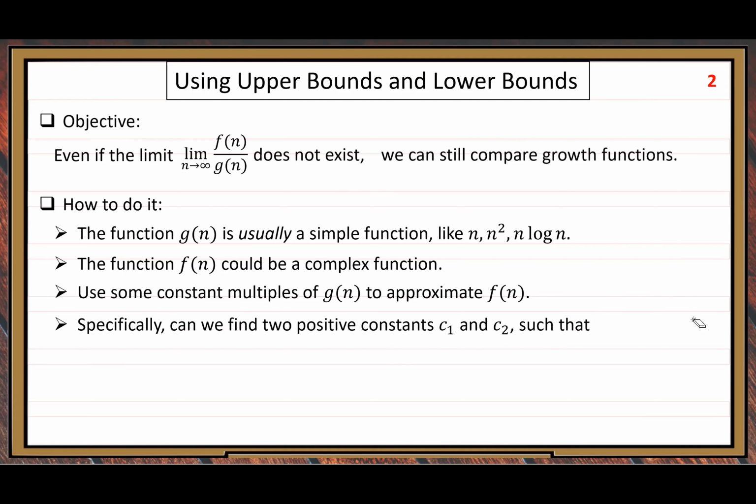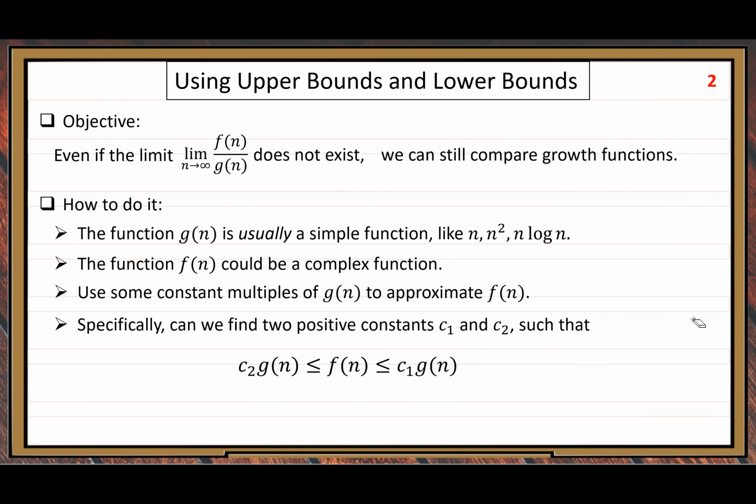Specifically, we try to find two positive constants, C1 and C2, such that C2 times g of n is less than or equal to f of n, and less than or equal to C1 times g of n.